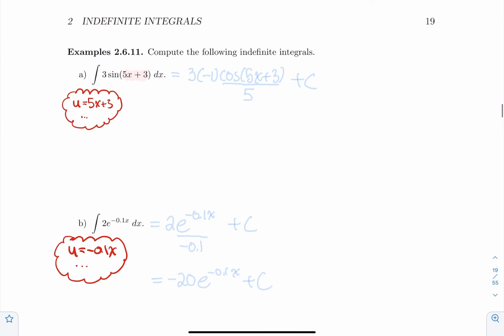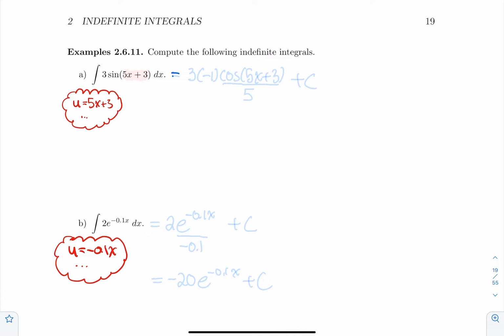When you know that trick, though, it's really, really powerful. For example, if you want to integrate 3 sine of 5x plus 3, we know the integral of sine is minus cosine, but now the inside is a linear function. Well, no problem.